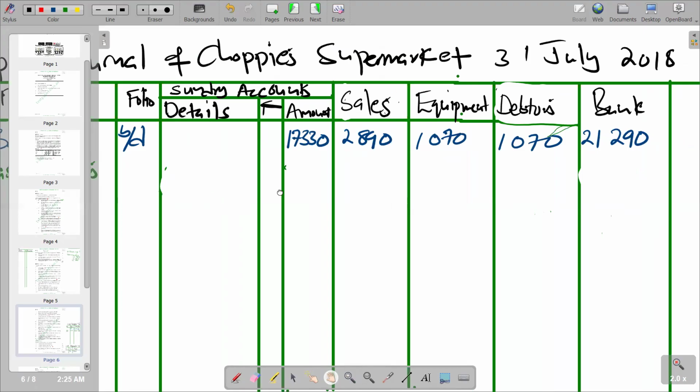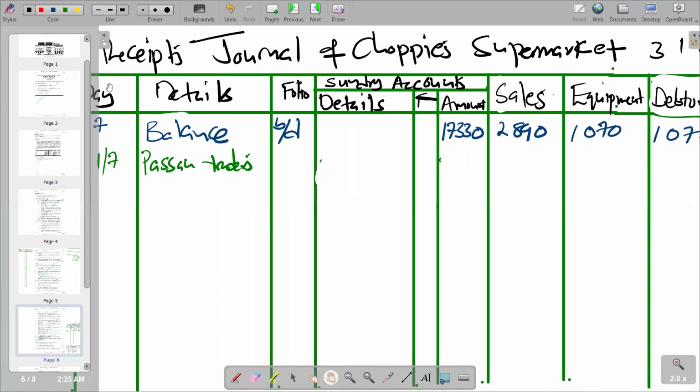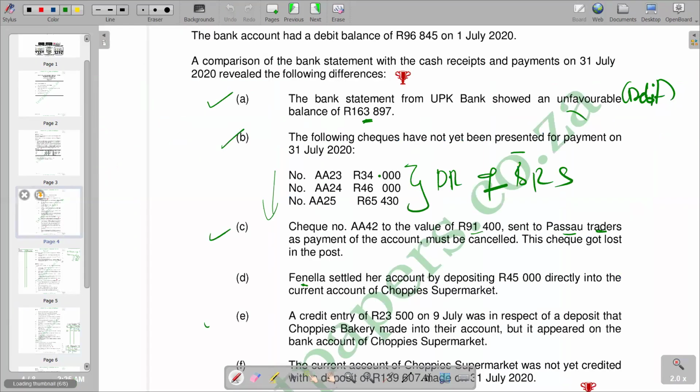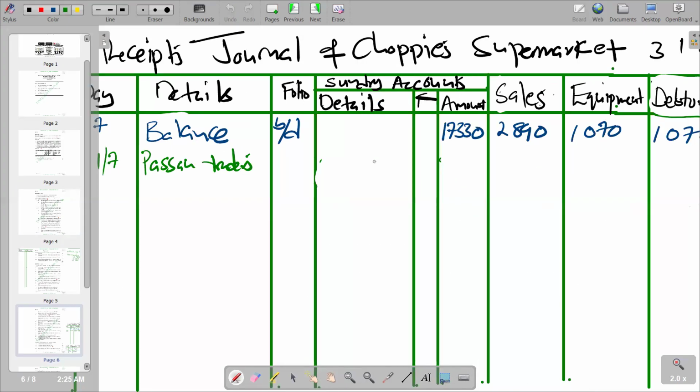So we just put it under sundry. And we are saying the amount that we have. If you go back again to check the amount, we have got 91,400, which is to come here. And on the description, we now say this is a creditors control figure.